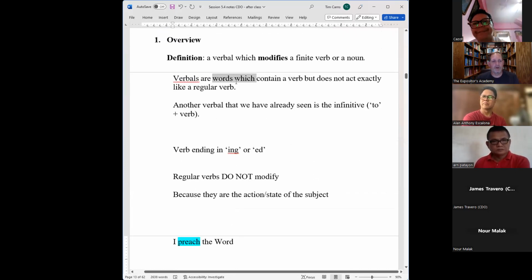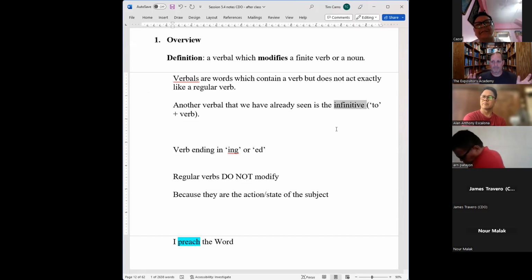but a verbal, that is a word that contains a verb but doesn't act like a verb, can modify. We've already seen one of these, the infinitive. That's a verbal. It looks like a verb, but it doesn't act like a verb, right? To know, or I used the example before, I want to go to the park. So to go is not a regular verb.